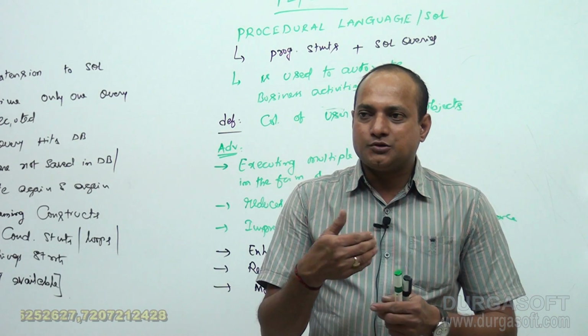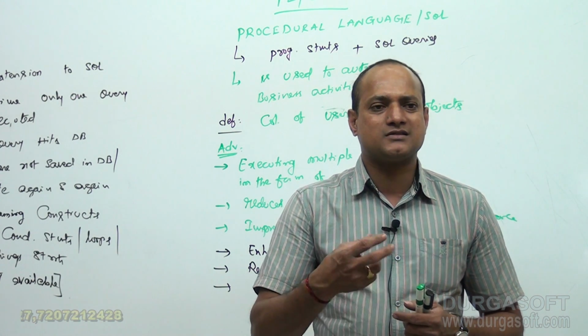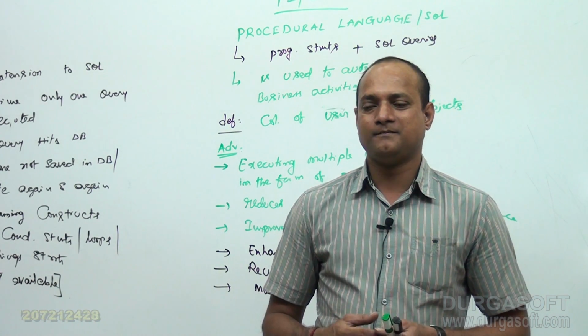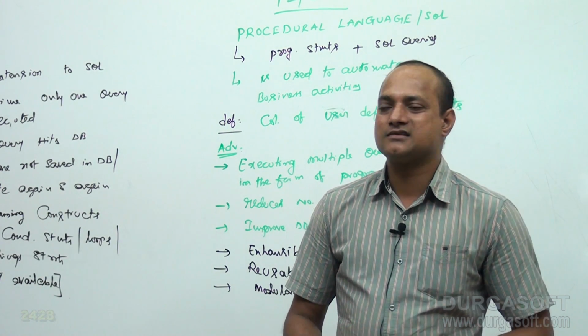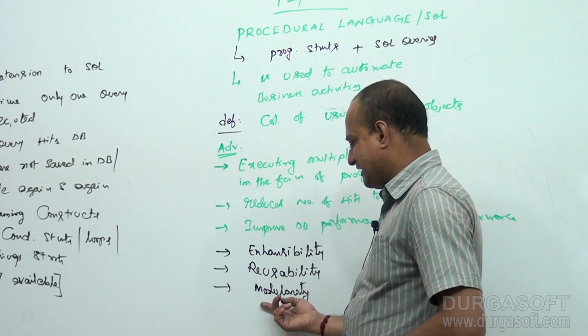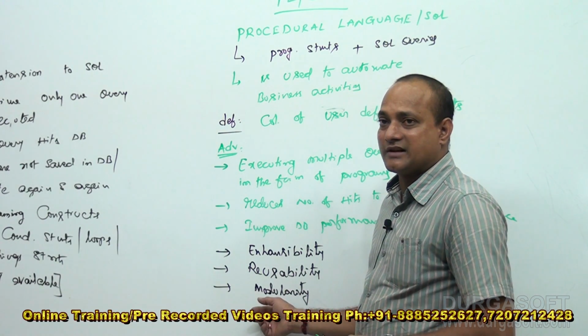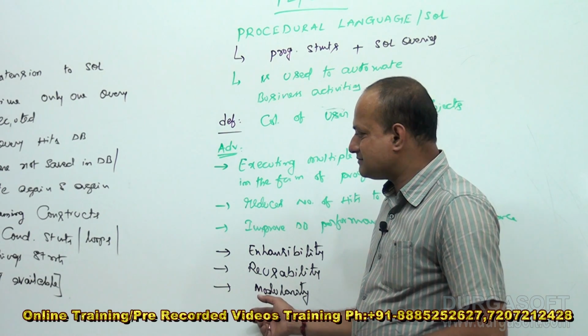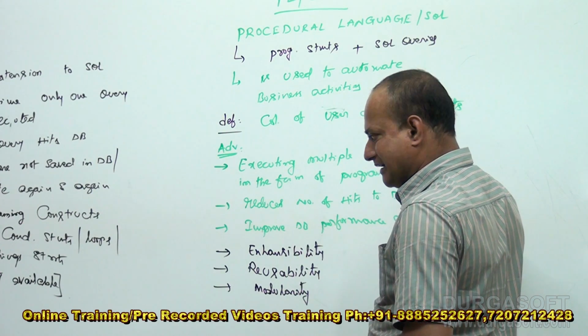Continue this dividing process until each subtask is very simple. Then develop a program for each subtask. That is called modularity, and this dividing process is called the modularization criteria. Remember, these are the advantages of PL/SQL.